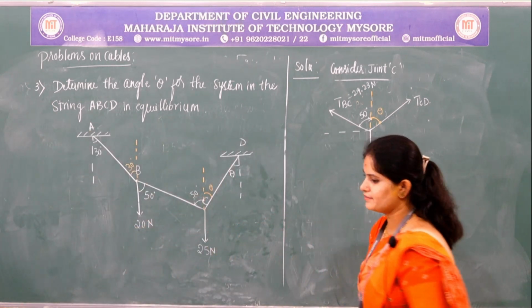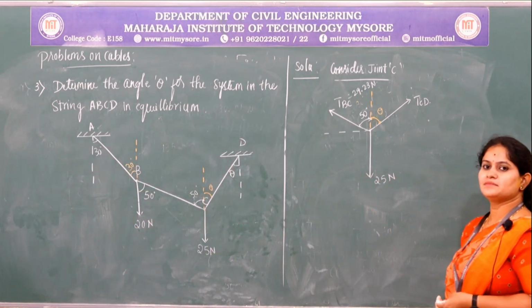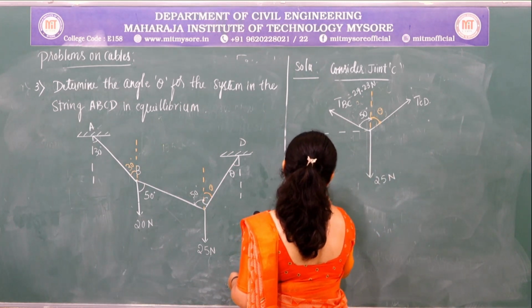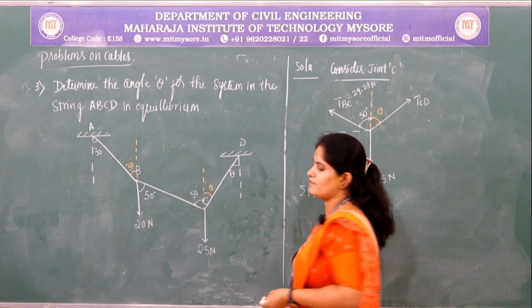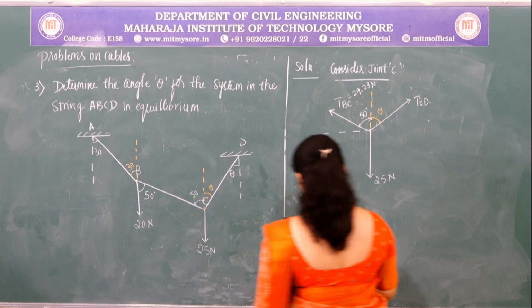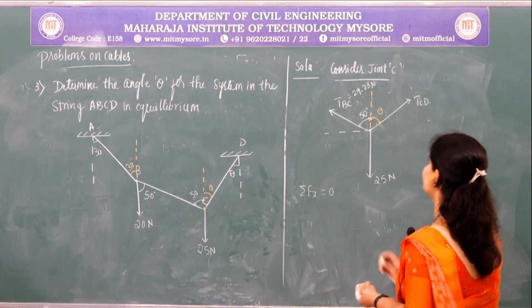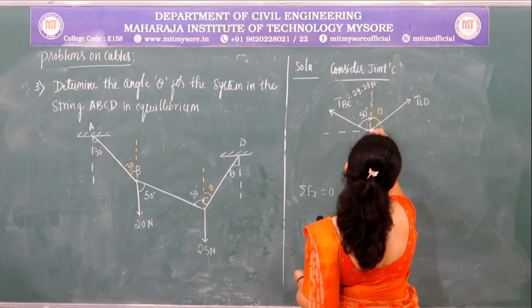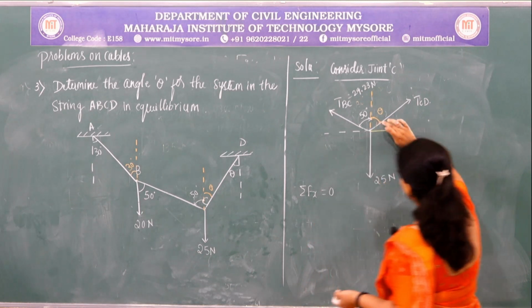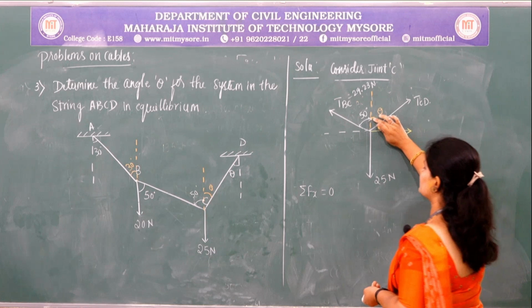So we have equilibrium equations, that is sigma Fx is equal to 0 and sigma Fy is equal to 0. So apply sigma Fx is equal to 0. Before that, resolve the given force. So this TCD will become, see, the angle of which is given with respect to y axis.